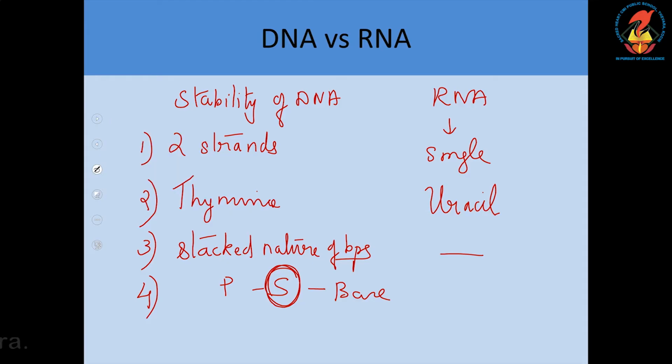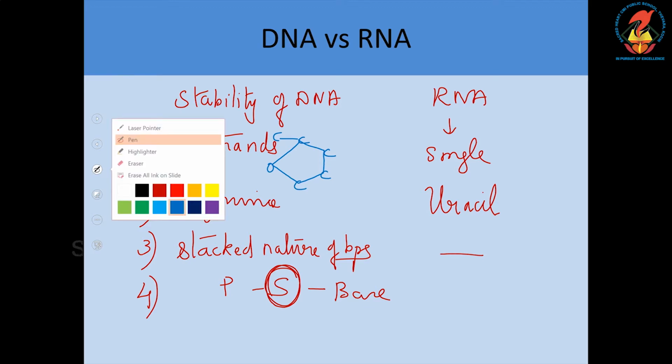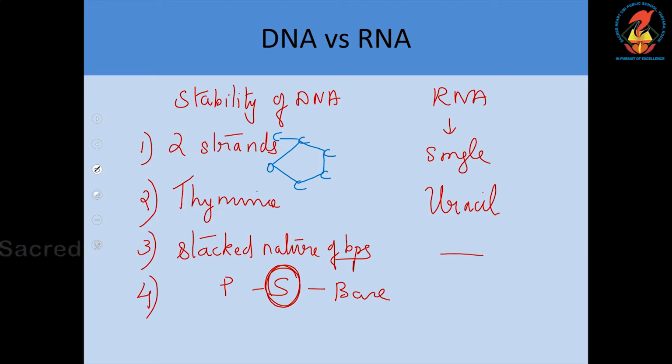Now I am going to draw the chemical structure of deoxyribose sugar. Here this oxygen, here this carbon, first carbon, second carbon, third carbon, fourth carbon and fifth carbon is here. A similar structure I am going to draw with another color for the ribose sugar of RNA. Same structure.